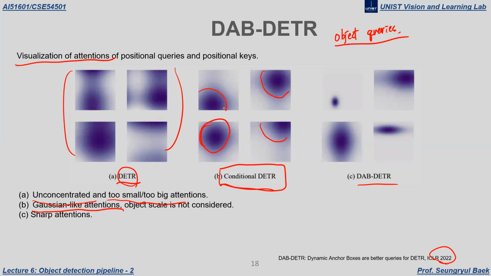The width and height are the same, and it has less information about the actual object. But in Depth DTR, the attention is sharp and also has different width and height.